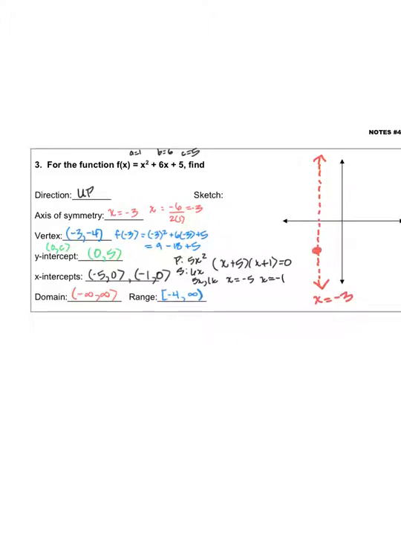So I'm going to say that's that point. I know I have x-intercepts at -5, 0, and -1, 0. So -1, 0, -5, 0, and I know I have a y-intercept at the point 0, 5, so about there. And so if we sketch this, it would look something like this.